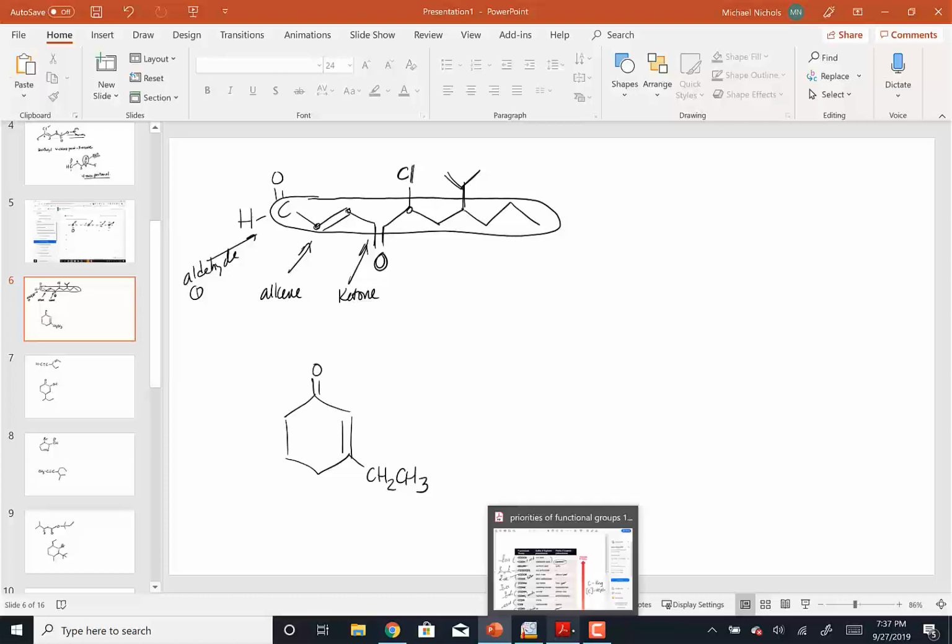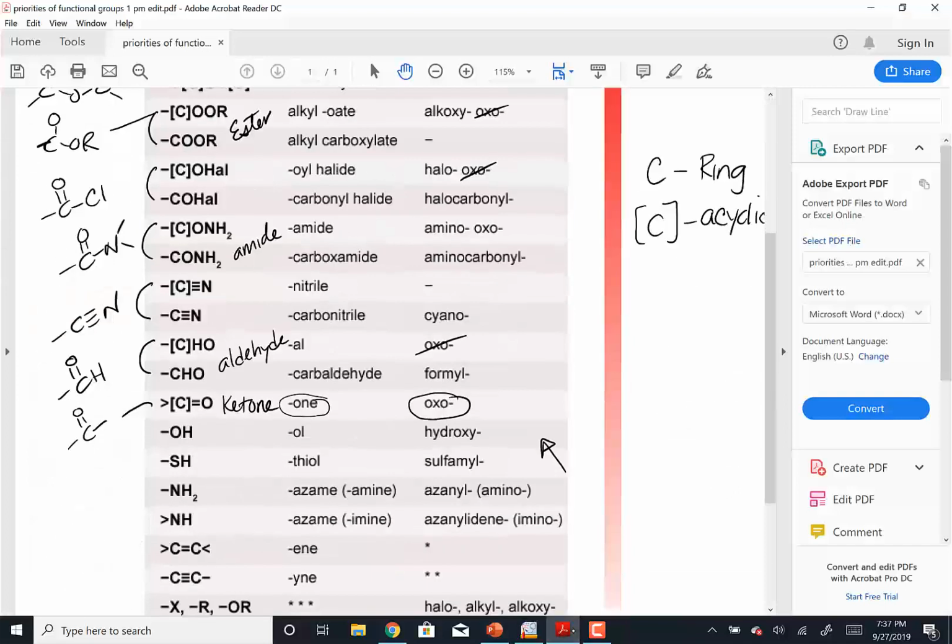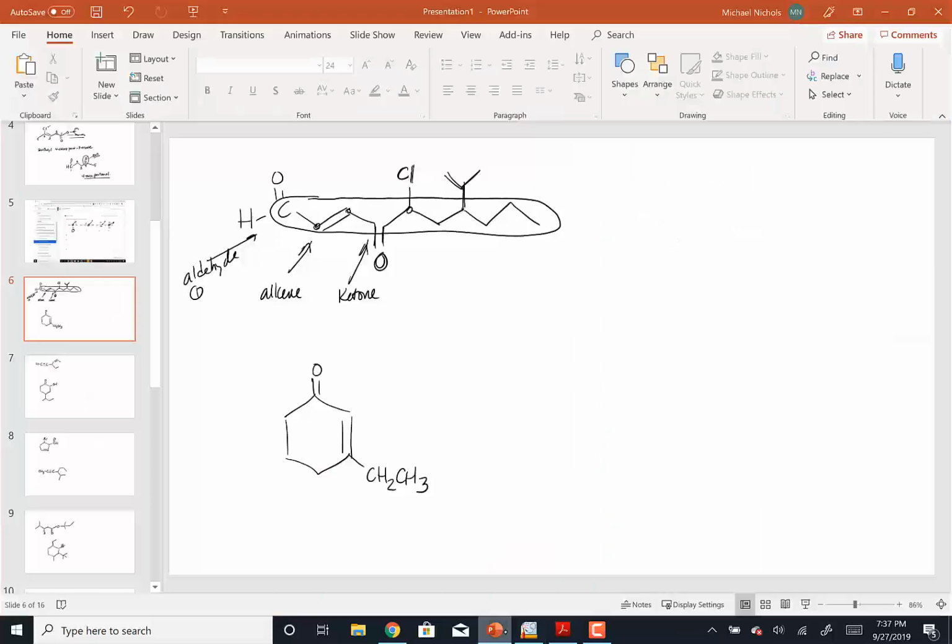We go to our chart, and our chart says that a ketone, when it is the highest priority, is an ONE suffix, but when it is not the highest priority, it becomes an OXO group. So I'm now going to add OXO to the list of substituents: a chloro, an isopropyl, and now an OXO group for the ketone, since it's not the highest priority.